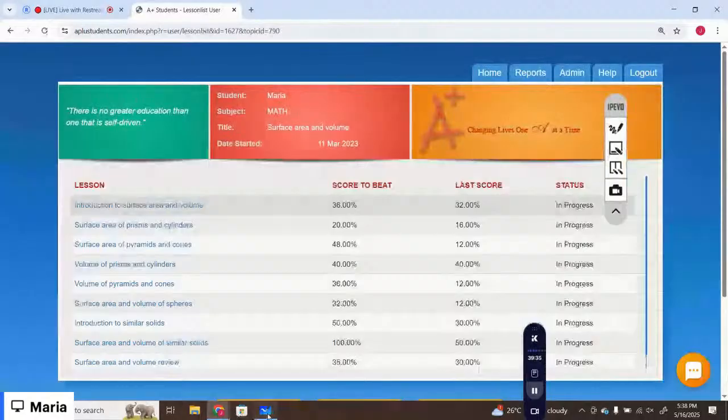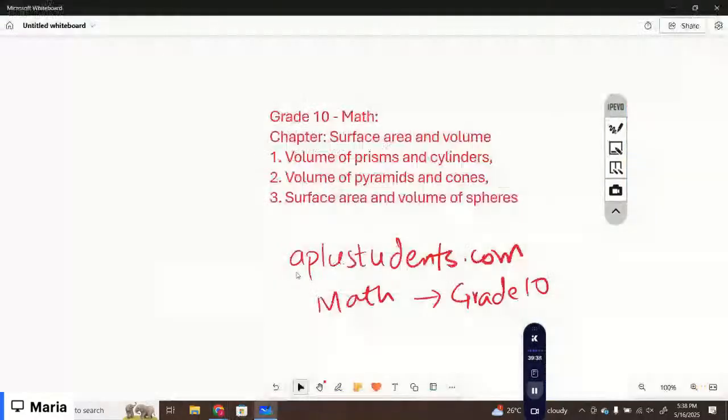The lessons we have covered today are volume of prisms and cylinders, volume of pyramids and cones, and surface area and volume of spheres. So please make sure before the next session you complete all the practice questions for the lessons we just did. That is your homework assignment.